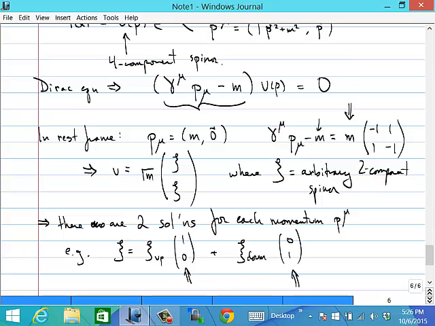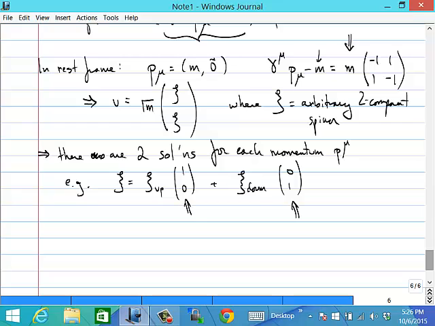Well, remember that the rotation generator acts as a 2x2 diagonal matrix with the usual Pauli matrices. And a 2-component spinor with components 1, 0 is something that you would usually call a particle with spin up in the z direction. And the one with components 0, 1 is what you would call a particle with spin down in the z direction.